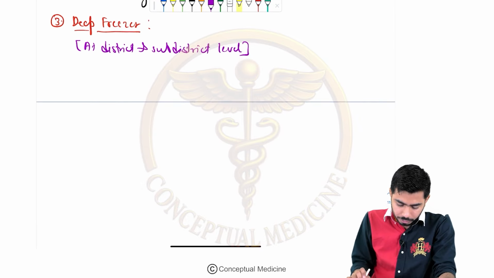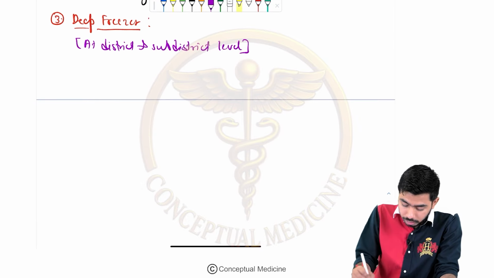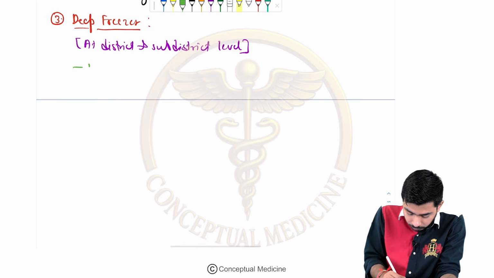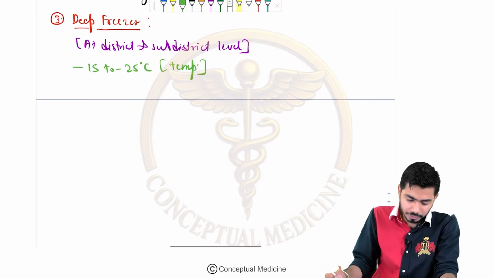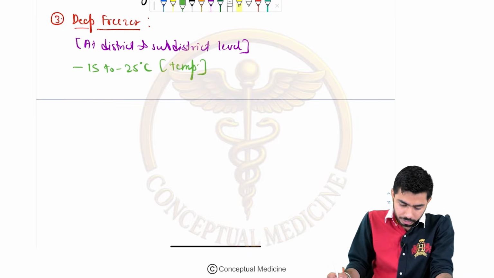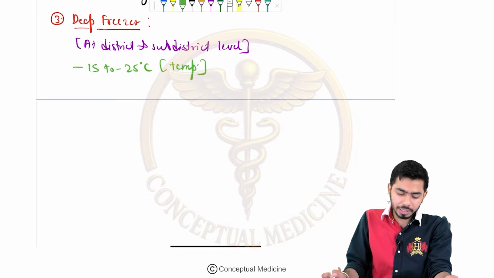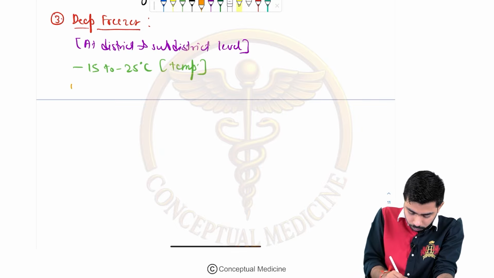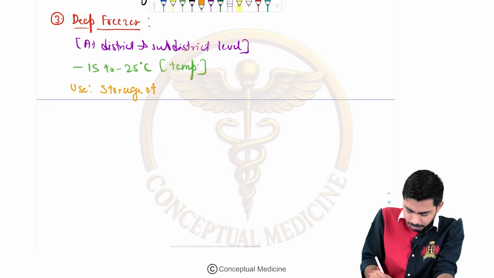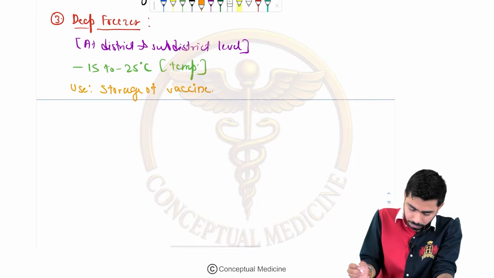Here the temperature is very, very cold, -15 to -25 degrees Celsius. That is the temperature which we are maintaining for the deep freezer, right? And here again the use is the storage of vaccine.